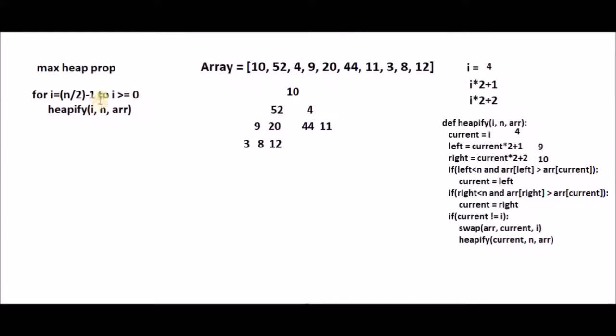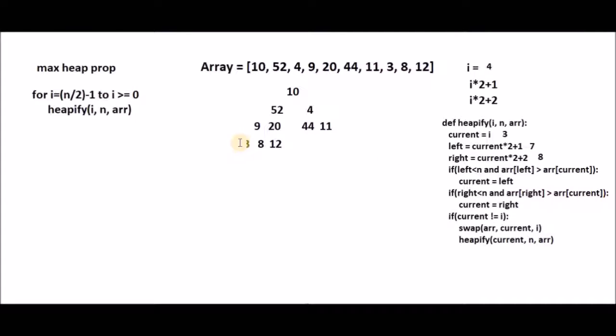So now I go to 3, so I go to 9. The same case again. So i in here is 3, left is 7, and right is 8.